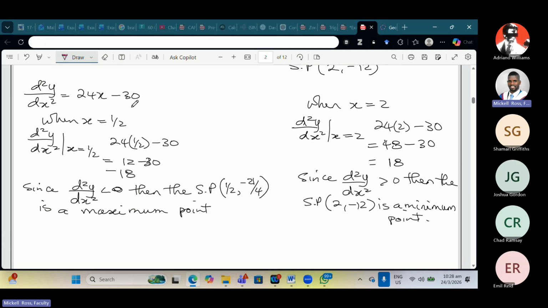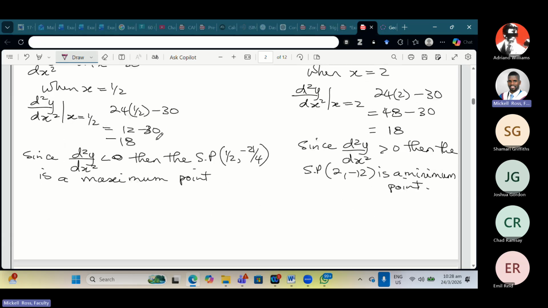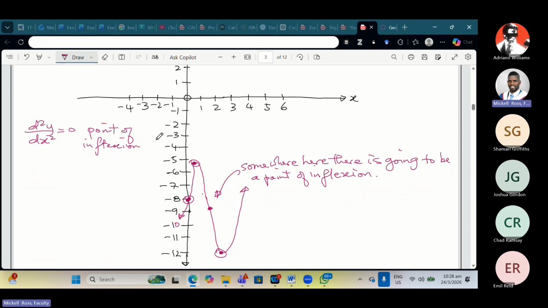The second derivative we found was 24x minus 30. So we can say, since the second derivative is 24x minus 30, it's going to be 24x minus 30 equal to 0.